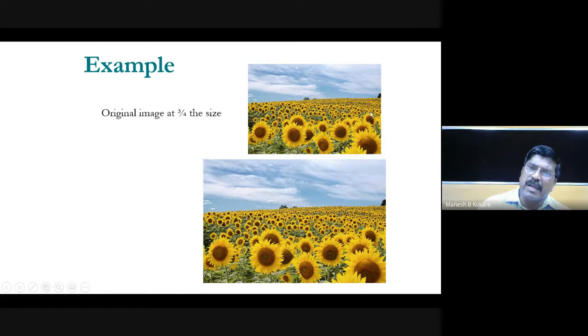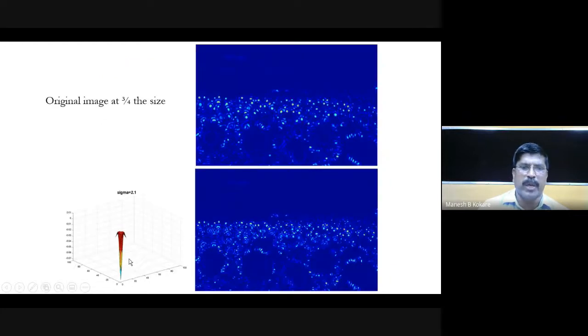There are so many circular objects in this image. For detecting all those circular objects, we have to use multi-scale Laplacian of Gaussian. If the scale is small, it will detect the small objects, and if the scale is large, it will detect the large objects.